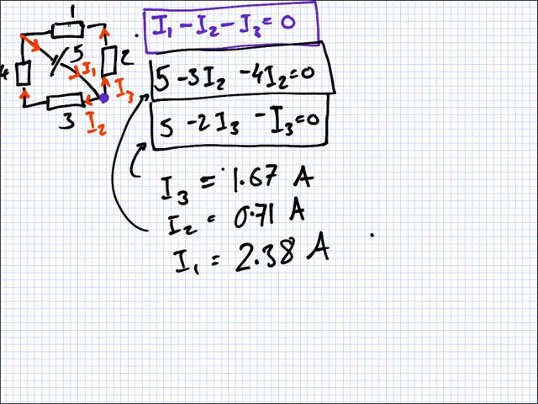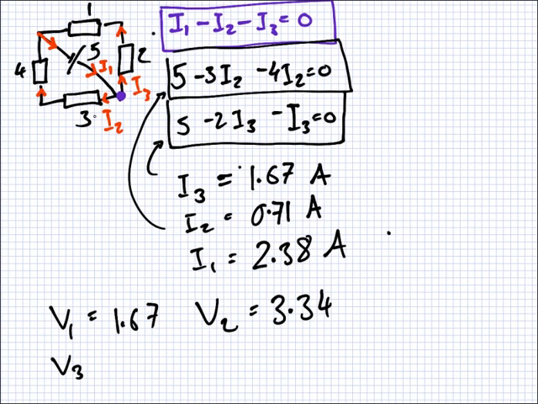The voltage through the first resistor, V equals IR, so that's I3, 1.67. The voltage through resistor 2 is IR, which will be 2 times this, 3.34. Okay, voltage 3 will be IR, 3 times I2, 2.13, and then V4 is 4 times I2.